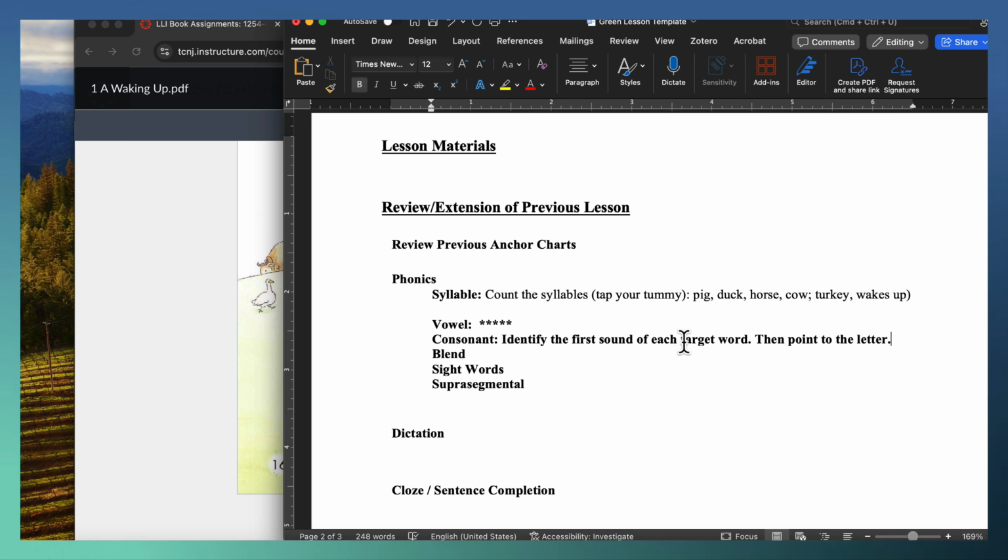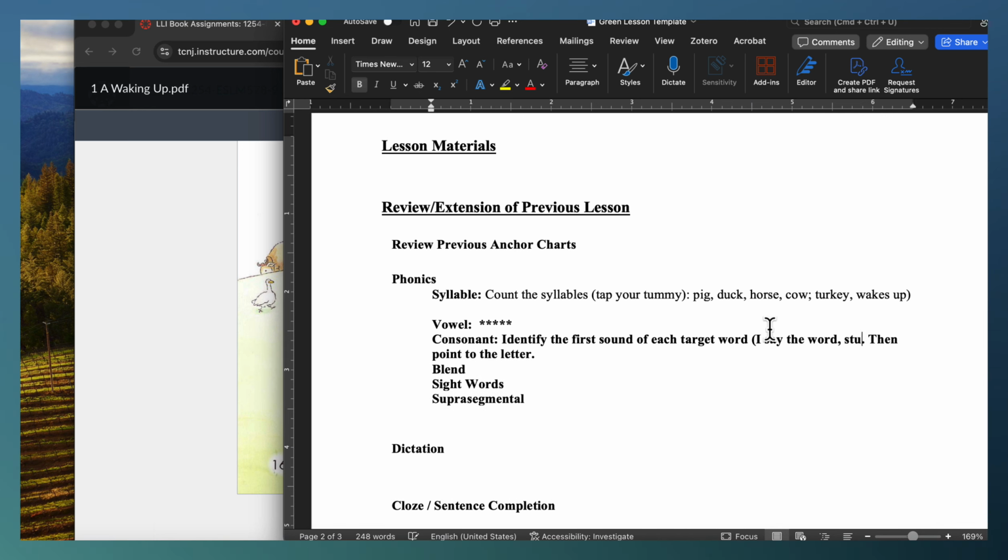So I will say the word, and they have to repeat. I say the word, the student repeats the first sound. So if I say wakes up, I want the students to go wah, wah, wah. If I say dog, I want the students to say duh, duh, duh. Right?